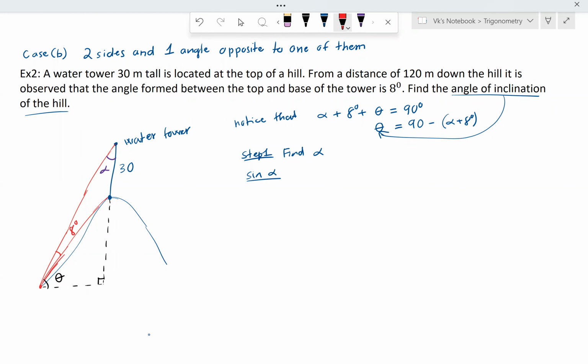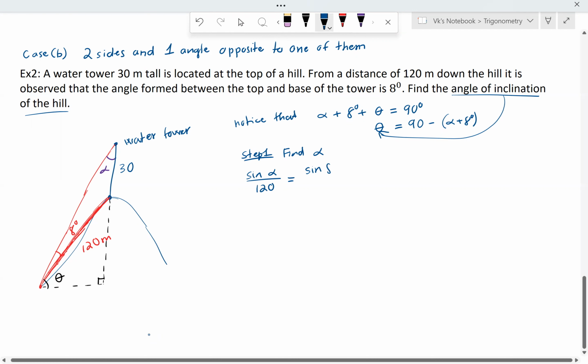This one. It is exactly 1 meter. So sine alpha over 1 is equal to sine of 8 over 30.